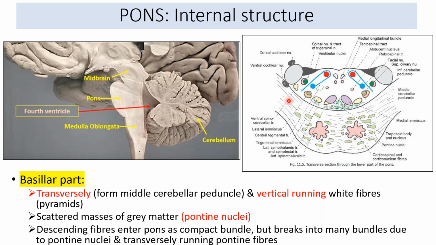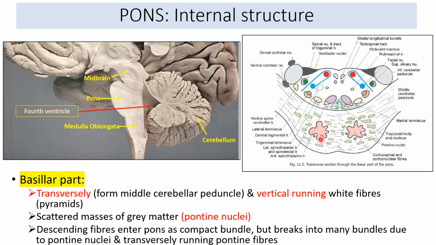So remember, internally, all these fibers, the transversely running fibers and the pyramidal fibers, are present only in the ventral aspect, that is, the basilar part of the pons. In the tegmental part, you will find mostly the sensory, ascending tracts.